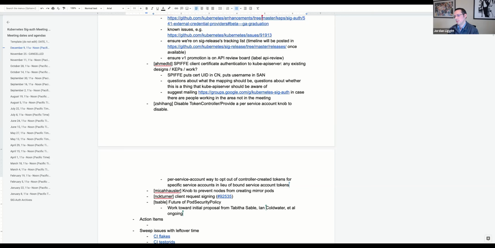Yeah, it's a good topic to think about. Now that we actually have a reasonable path to bound service account tokens, the next step is how can we stop putting credentials in secrets? I kind of like the idea of a per service account way to opt out. We already have a per service account way to opt out of auto mounting tokens into pods, letting specific creators of specific service accounts say, I know I'm going to use this with bound tokens.